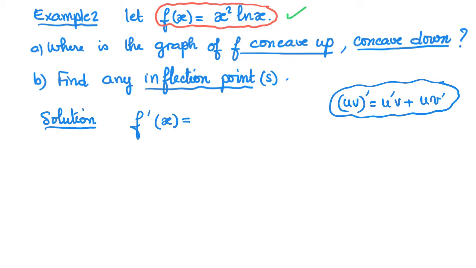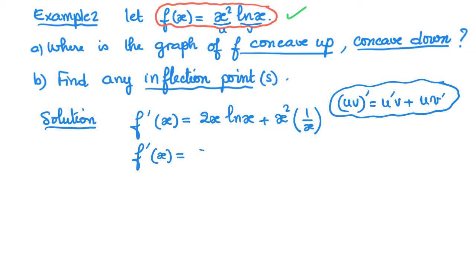So this is the u and this is the v. So u dash is of course 2x, and then ln x plus x squared, derivative of ln x, which is 1 over x, like this.